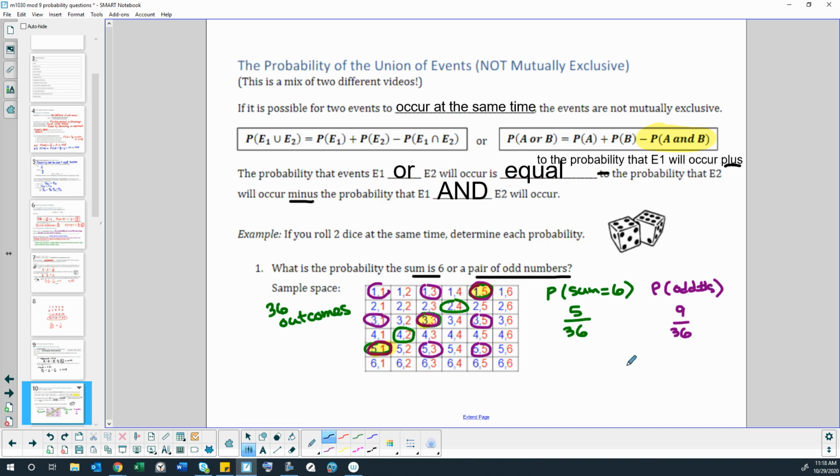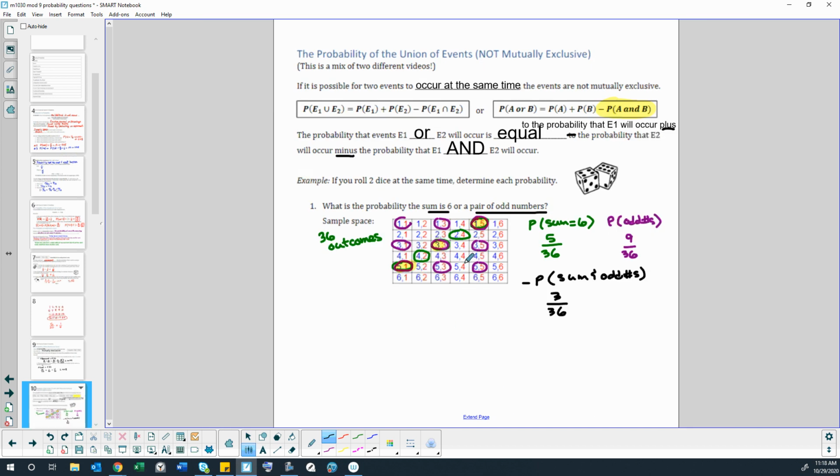So we're going to go ahead and subtract out the probability of both the sum and the odd numbers. And as we discovered, there are 3 of those. So that is 3 of the 36. Okay, let's find our total probability now.